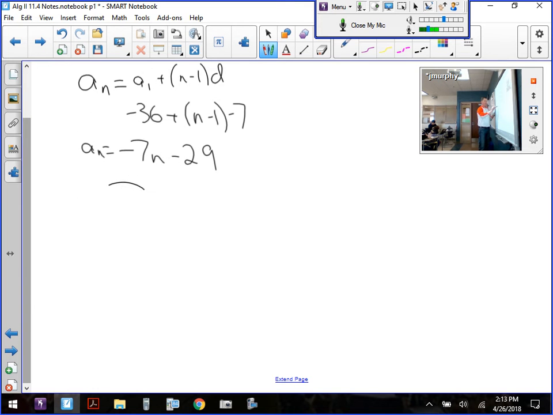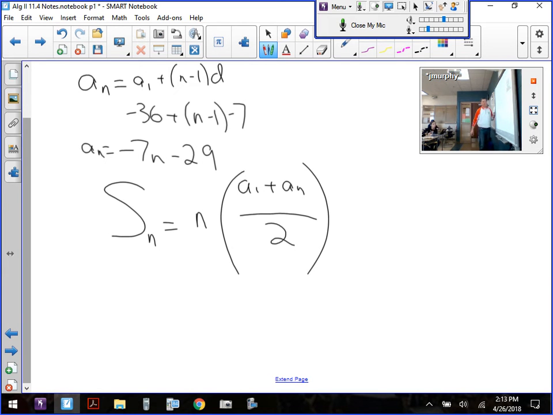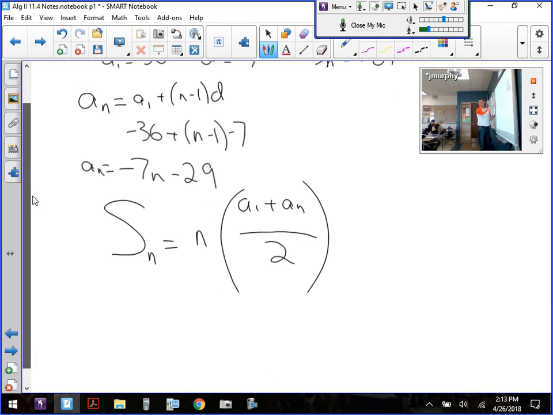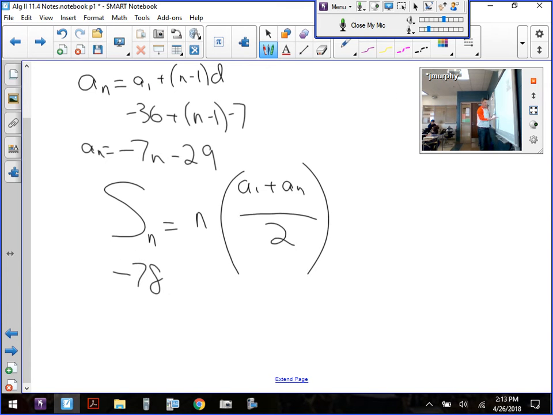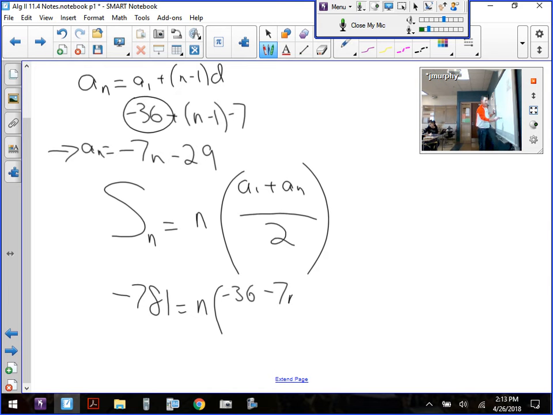Well, I look at my formula. The sum is however many times first term plus nth term over 2. I want it to equal negative 781. I know my first term was negative 36. I know my nth term is negative 7n minus 29, all over 2.